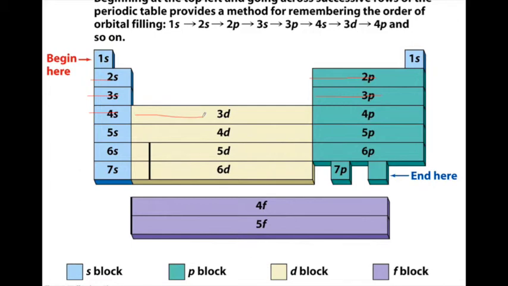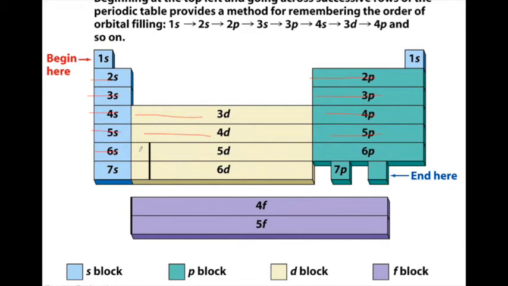Remember, there are five 3d orbitals, so we can fit 10 in there. When the 3d orbitals are filled, we begin filling the 4p. After that, we drop down and begin filling the 5s. After that is full, we go to the 4d, the 5p, and we drop down and begin filling the 6s.